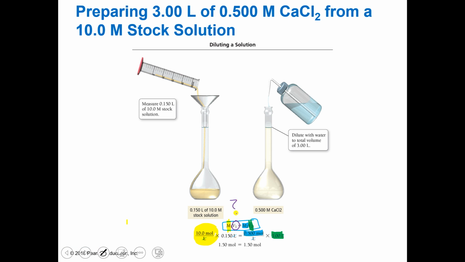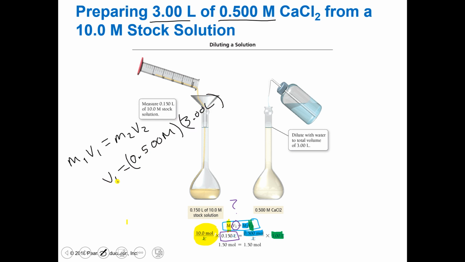Well, if we solve for x, we're going to find that it's 0.150 liters. We simply took M1V1 equals M2V2, and we said, okay, we know what the new concentration is, 0.500 molar. We also knew that we needed 3 liters of that.